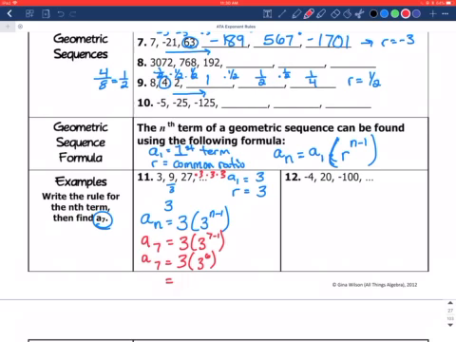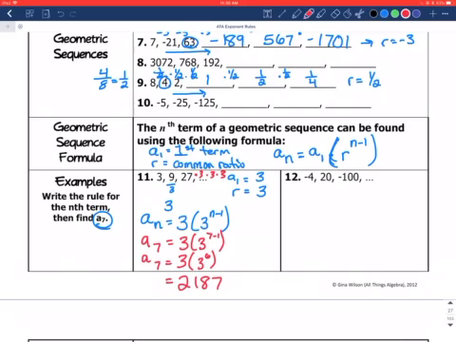That's just 3 to the 7th power, and that will be 2,187. So this is a shortcut, especially if I ask you for 7, that's okay. You can just multiply it times 3 7 times. It's really not too difficult. But if I ask you for like 400, it will take you a long time to type that into the calculator. So this formula is really useful to go straight there.